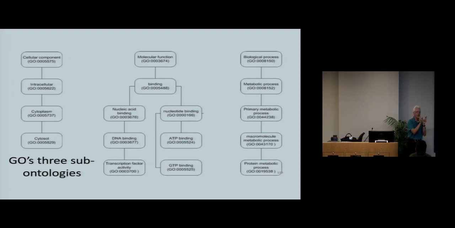And you have an ID number because if you change the definition of a term, then you will change the ID number so that people will know which definition is relevant when they see a particular application of ontology to some data from the past. And also sometimes terms are deprecated, which means that people realize that they don't actually correspond to what we know biologically, and so you deprecate the term.